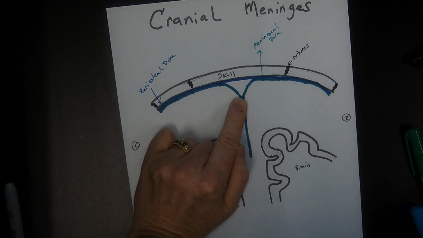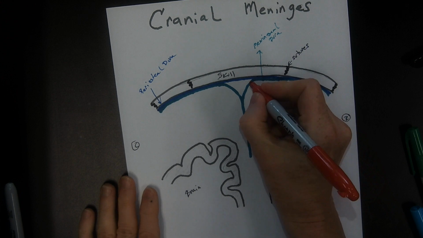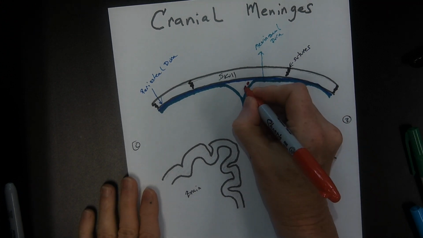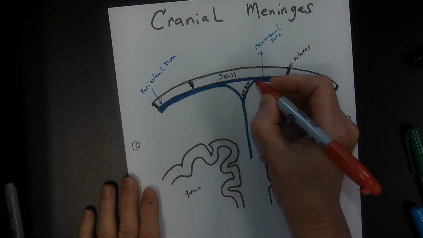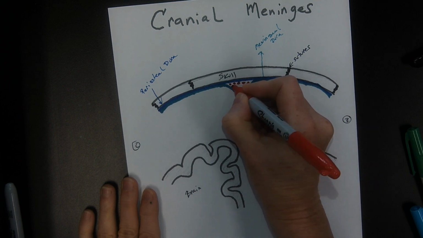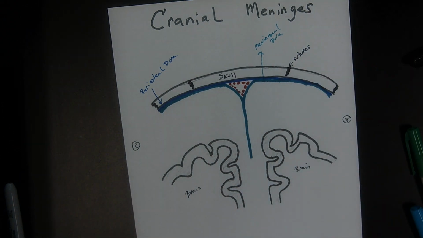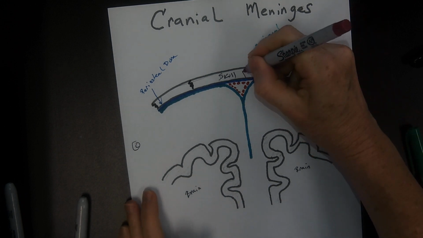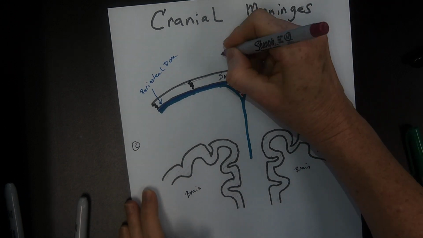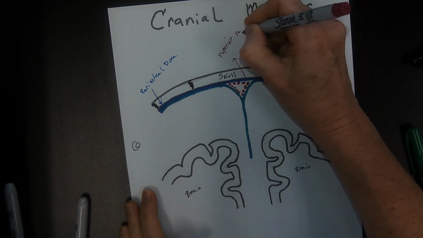This little space actually has a name, and it's going to be lined with little arteries, and this physical space is called your superior sagittal sinus.